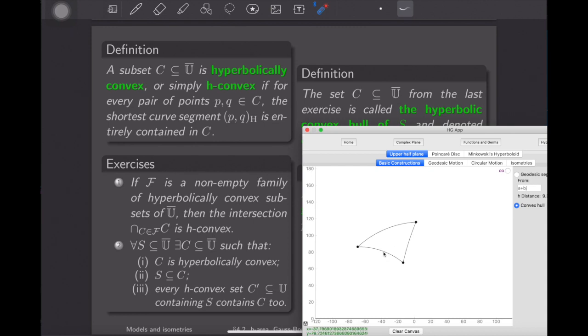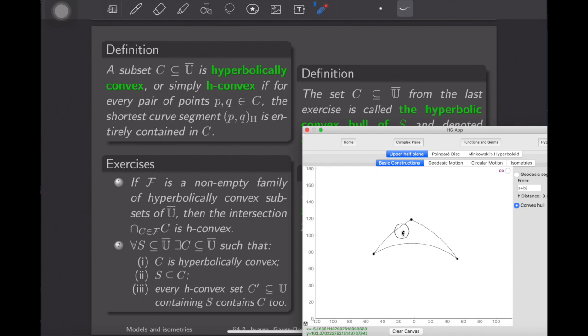Of 4 points, for instance, these 4 points here, this would be the convex hull. But if I move this here, you can see that the convex hull of the 4 points is this region inside. So to obtain the convex hull of the 4 points, it suffices to take the convex hull of these three.